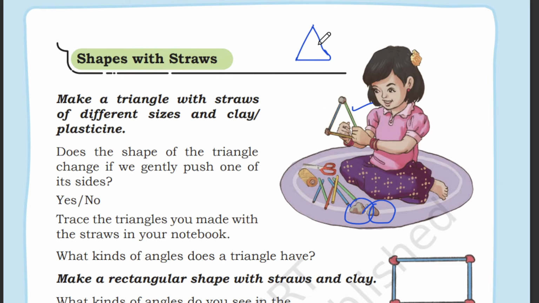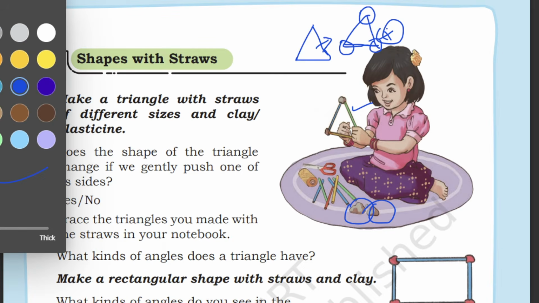And if we take any one of the straws, for example if we are pulling out a straw, you will get this image. So does this make the shape of a triangle? No, it does not make the shape of a triangle, because for a triangle we need to join all three edges. So 1, 2, 3, it should be joined.